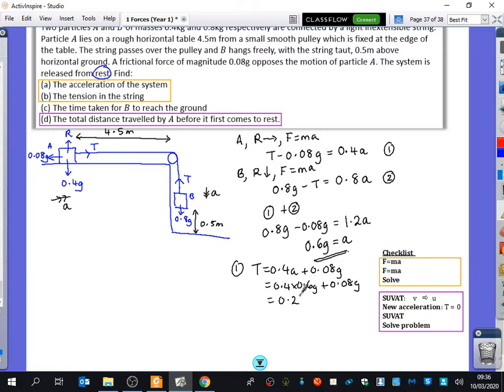So that's 0.24 g plus 0.08 g, which is 0.32 g, or if we multiply that by 9.8, 3.14 newtons, and I've rounded that to 3 significant figures.